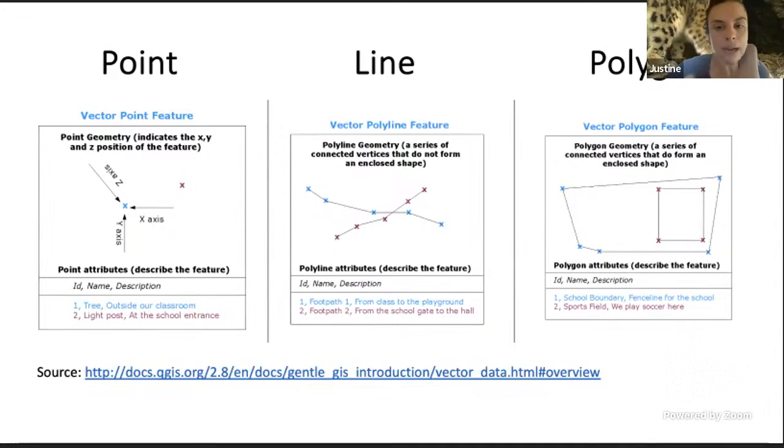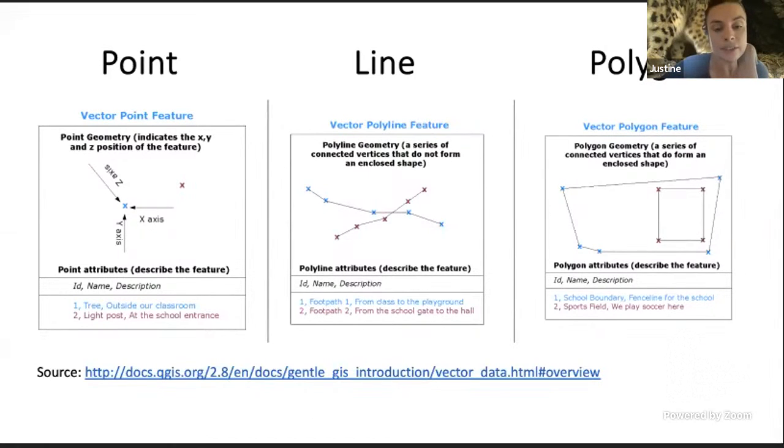And that's the real powerful thing about QGIS, because it's not just showing a point on a map, it has loads of information related to that point on that map. And you can use that information in different analysis tools later, or just for mapping itself.